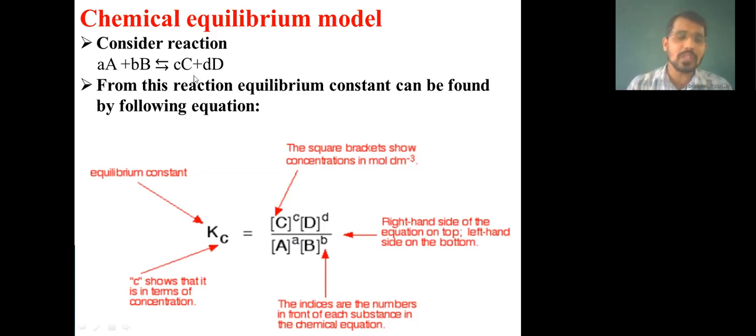So this is how the reaction is represented in the equilibrium constant. You have to write this specific reaction and this equilibrium constant equation in your exam if the question is based on the chemical equilibrium model.